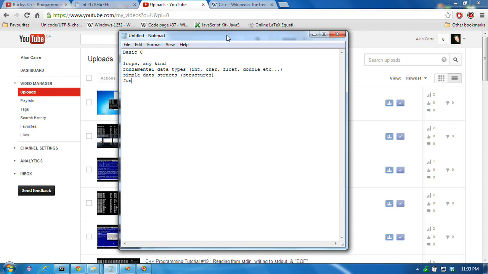Functions, obviously. Return values, arguments, printing, printf, that sort of thing. You can learn all these things quite quickly too, if you don't know them.